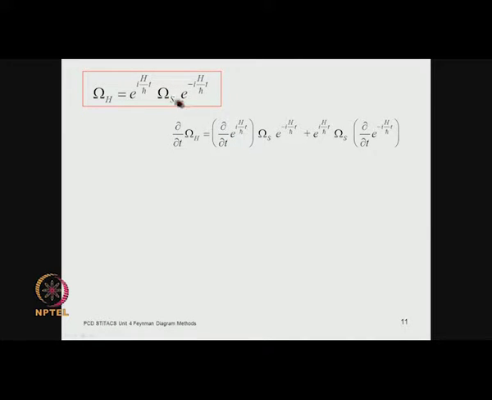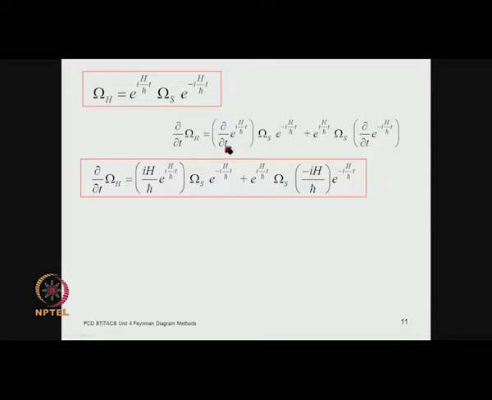So, you get the time derivative of this, and then you have got omega S e to the minus i H over h cross t, plus you have got this term, omega S is not dependent on time. So, it stays as it is, and then you have got the partial derivative of the third operator, which is e to the minus i H over h cross t.